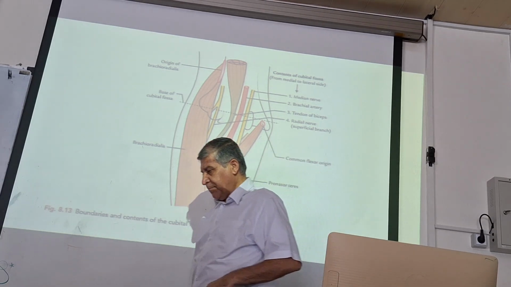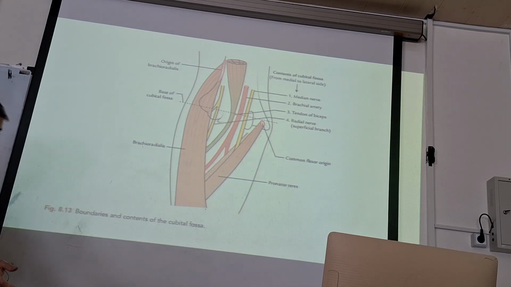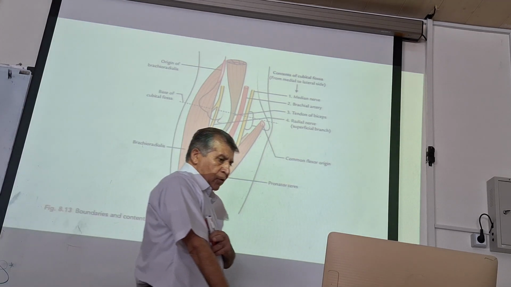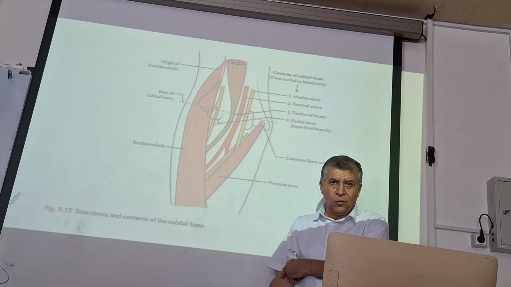Cubital fossa. The cubital fossa is a depression on the anterior surface of the elbow.